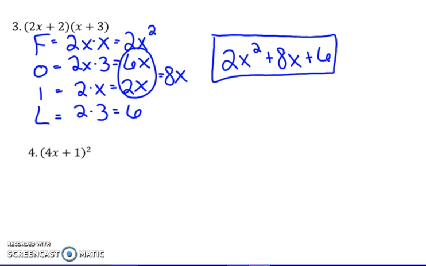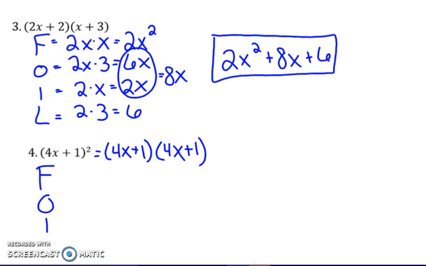Now, number 4, again, squared means we have it 2 times, so I'm going to expand it to 4x plus 1 and 4x plus 1. Again, I'm going to write my FOIL down. In this case, my first two terms are 4x times 4x. Well, 4 times 4 gives me 16, and x times x is x squared.